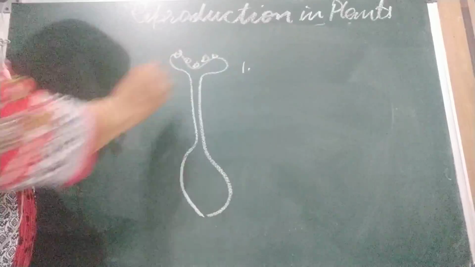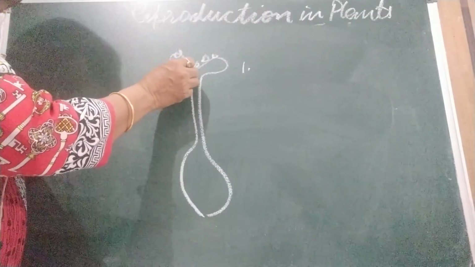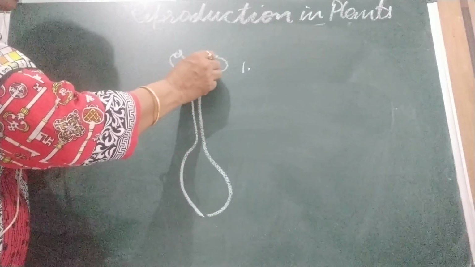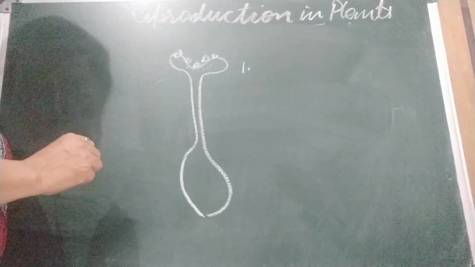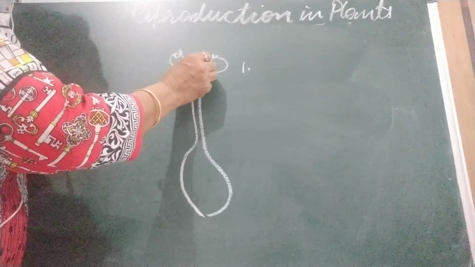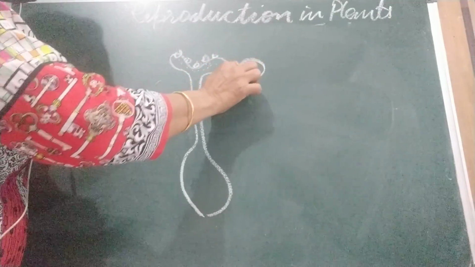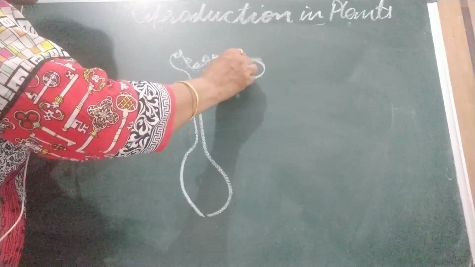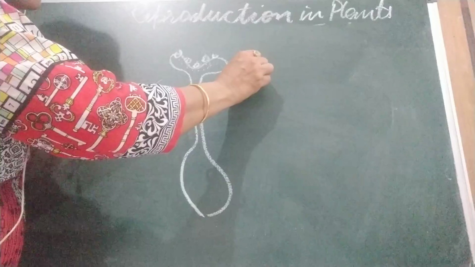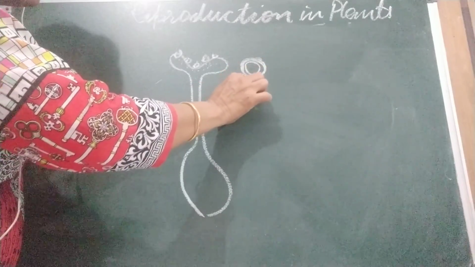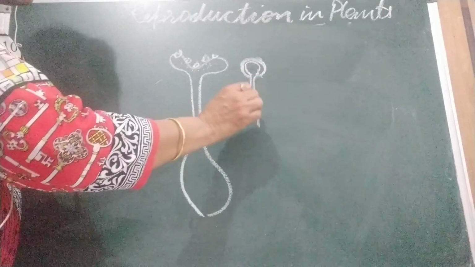First step, the pollen grain absorbs the nutrient secreted by the stigma. After taking the nutrition, these pollen grains are going to grow. How? The outer wall dissolves, and the inner wall turns into a tube. This tube we call the pollen tube.